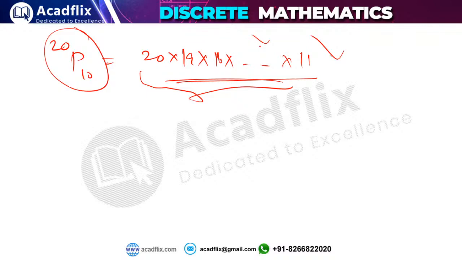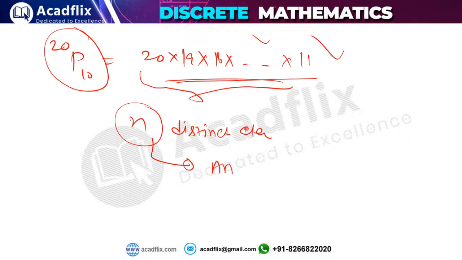Basically, if you have n distinct elements, meaning n different elements, and out of these n elements you want to arrange r elements, remember in an arrangement the order matters. Like in ranking, when you give a rank, order matters. For example, this has first rank, this has second rank, this has third rank.